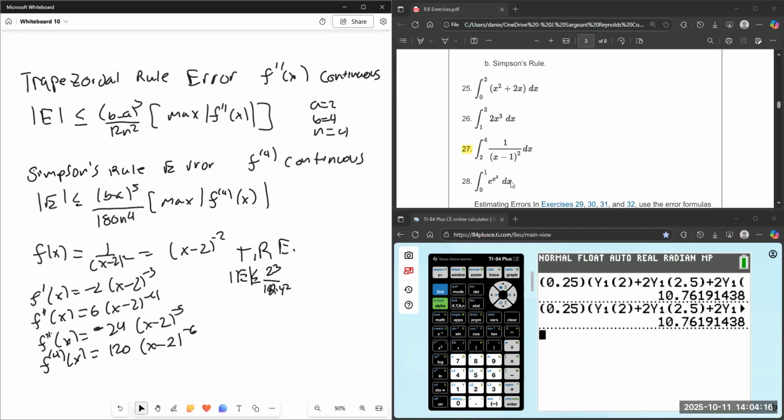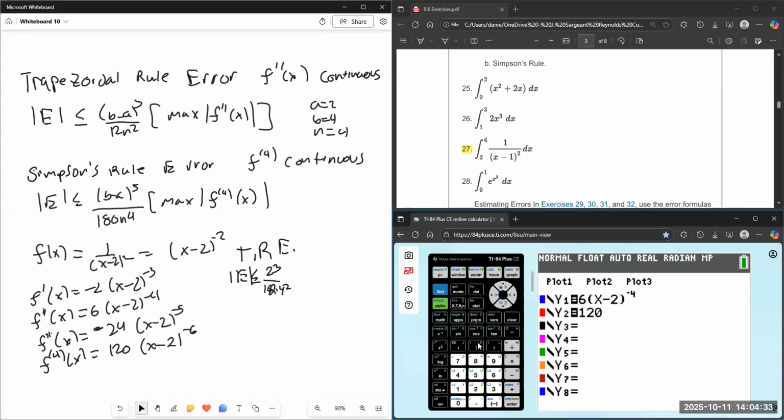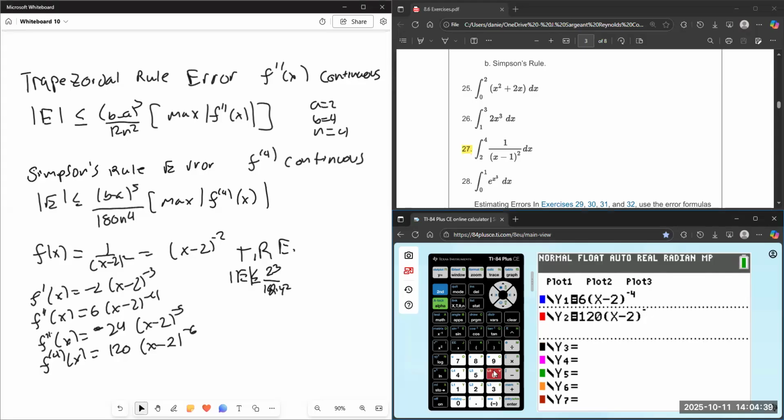And then let's graph these functions here. The second derivative is 6 times x minus 2 raised to the negative fourth. And the fourth derivative is 120 x minus 2 raised to the negative sixth.